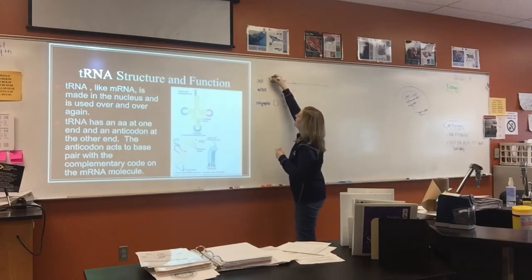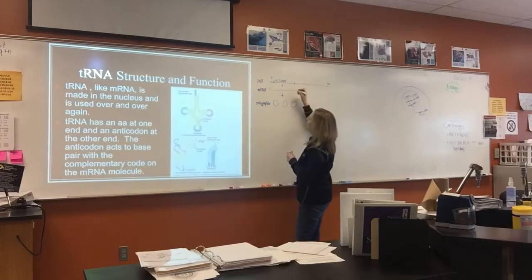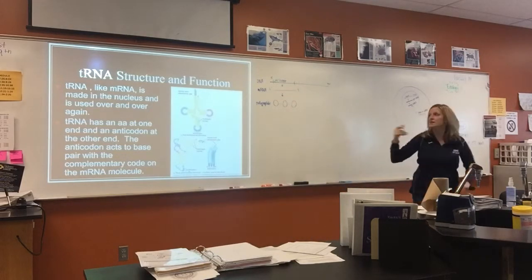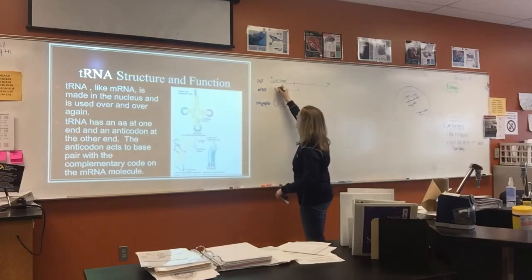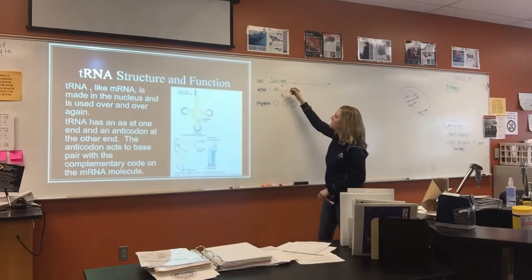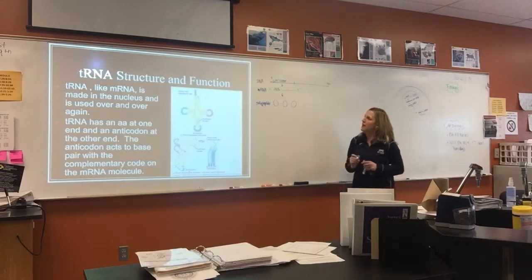We read the DNA in the 3' to 5' direction, so the mRNA is built in the 5' to 3' direction. When we build this, we're going to use the complementary bases. So you should have A, because what goes with the U is A, and then U, because this is RNA, so it's not DNA. It would be T if it was DNA, but it's not. All right, and so we have AUG.